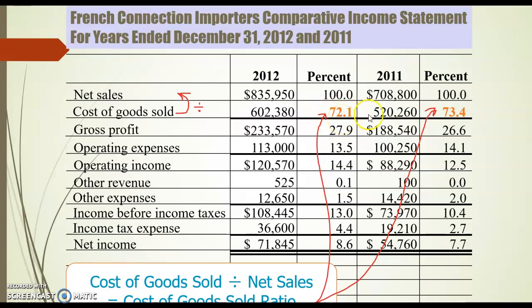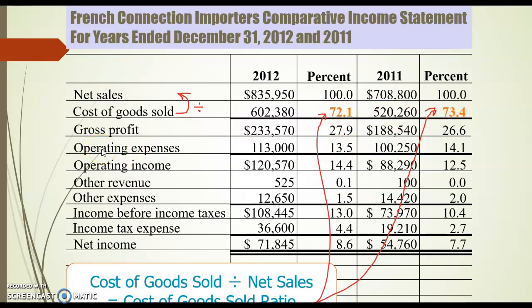And so we can explain this decrease by the fact that cost of goods sold didn't go up as much as sales, didn't go up at the same rate. And we already had circled that as being something we were going to investigate.